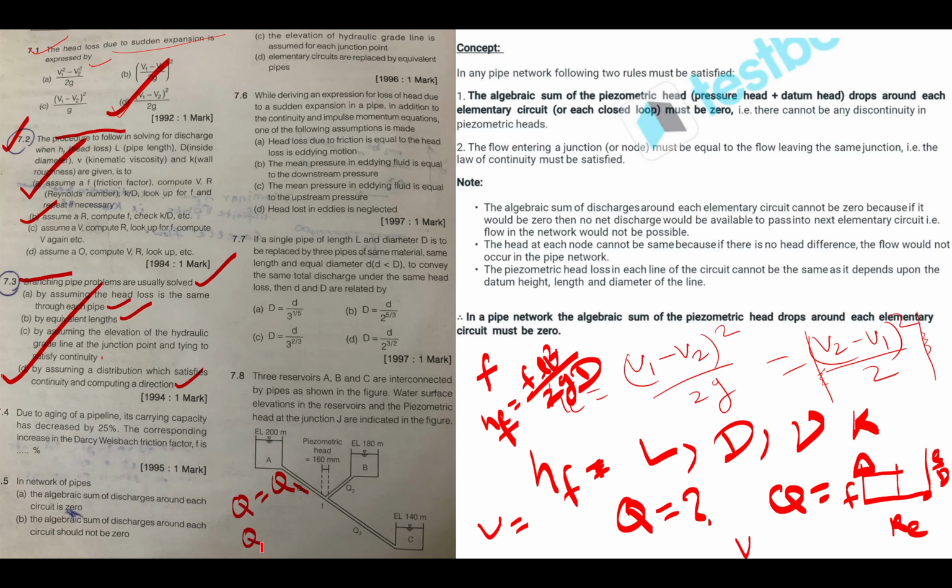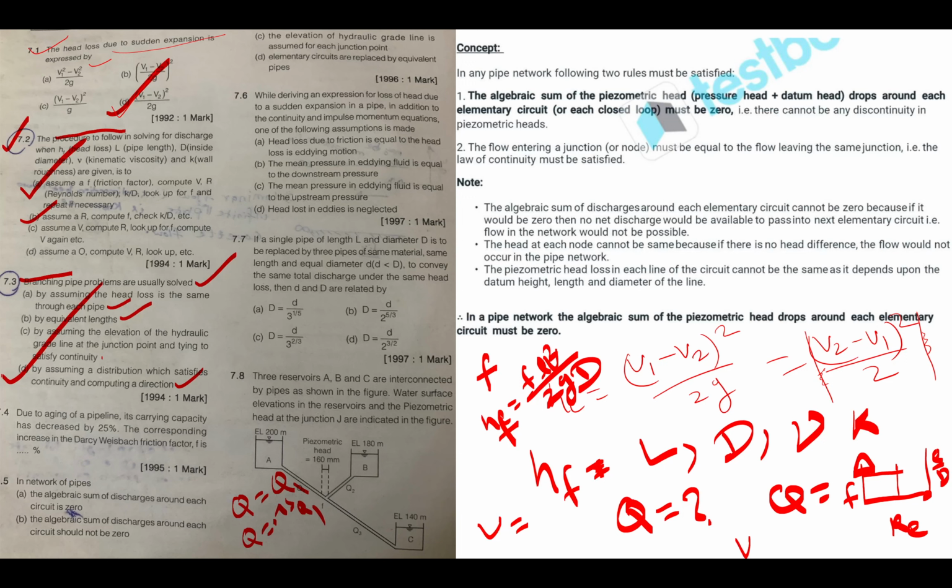Now the discharge is 0.75 Q1. This is what is being told. What is the corresponding increase in the Darcy-Weisbach friction factor? The pipe is the same and everything is the same.